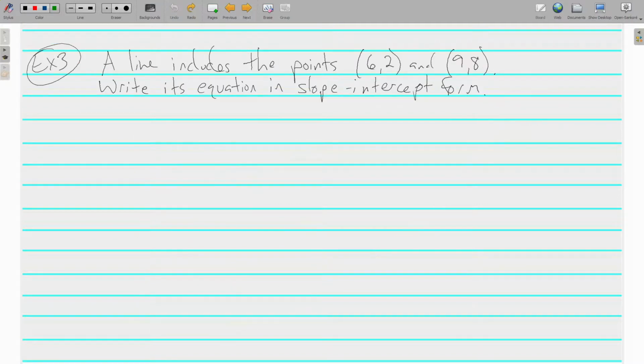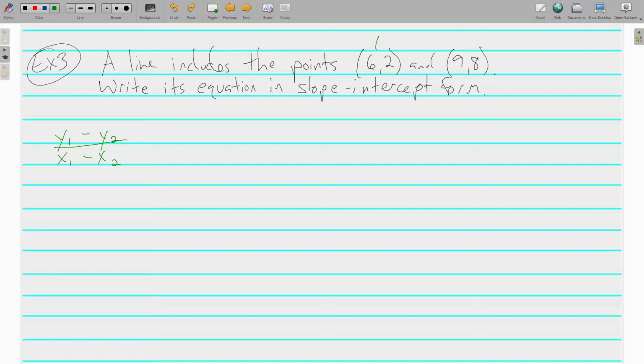Alright, here's a problem where we're not even given the slope. We're just given the 2 points. The line includes the points (6, 2) and (9, 8). Write its equation in slope-intercept form. It's a nice thing that we know how to find slope. Okay, in a previous video we talked about y1 minus y2 over x1 minus x2.